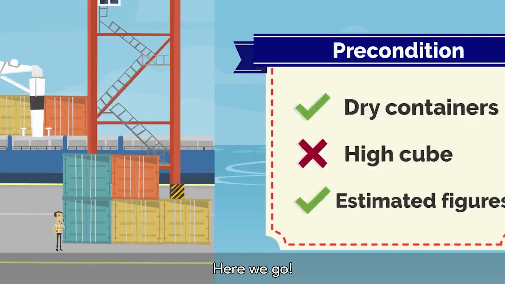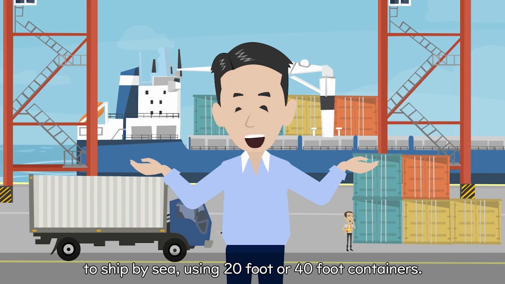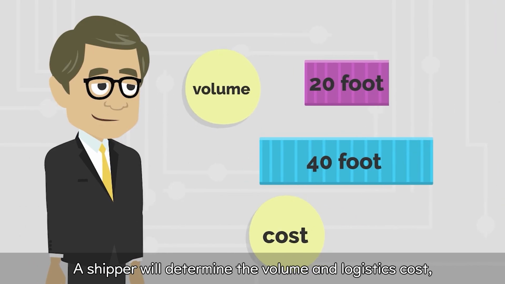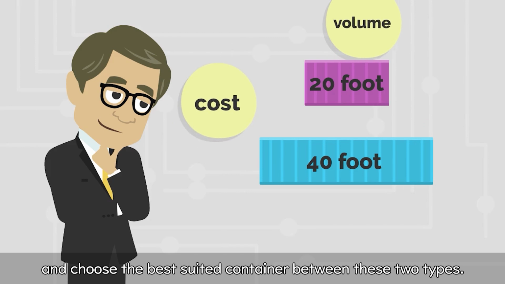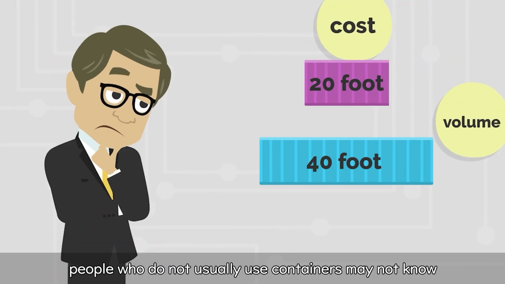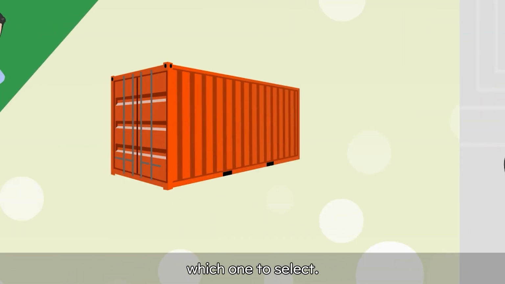Here we go. Normally, the method used to transport high volumes of cargo is to ship by sea, using 20-foot or 40-foot containers. A shipper will determine the volume and logistics cost, and choose the best suited container between these two types. However, people who do not usually use containers may not know which one to select.